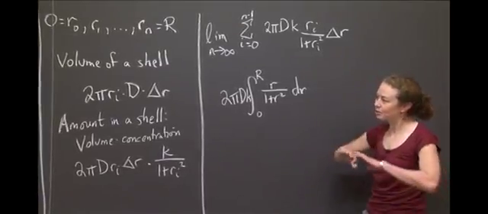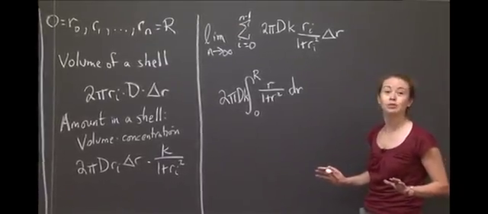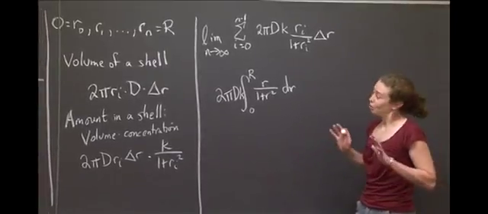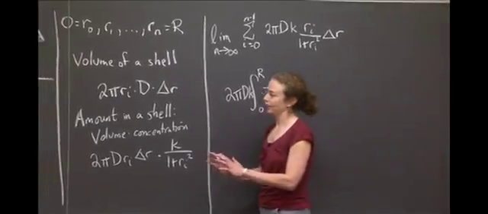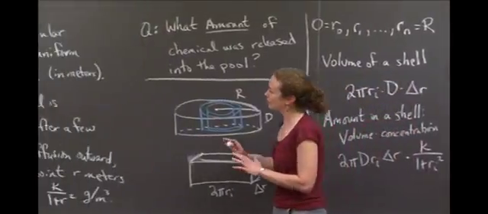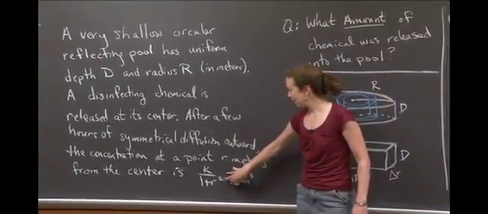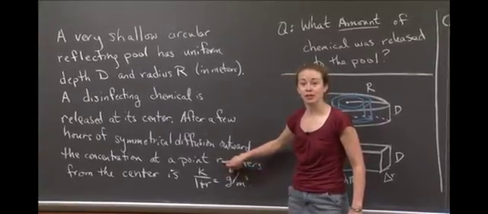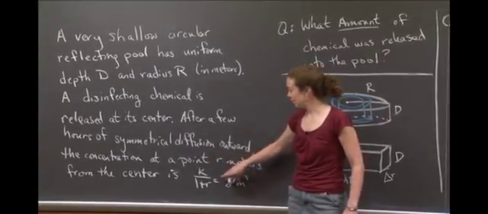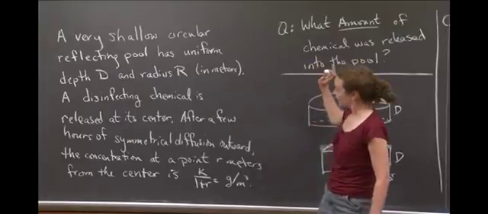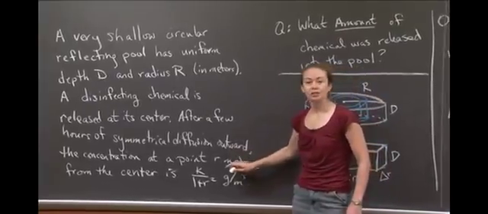But I'll stop there. So let me just go back one more time and remind you what we were doing. We were given a situation where we knew a certain function of the radius, the distance from the center. And we wanted to determine the total amount of chemical that was released into the pool, and so we estimated.